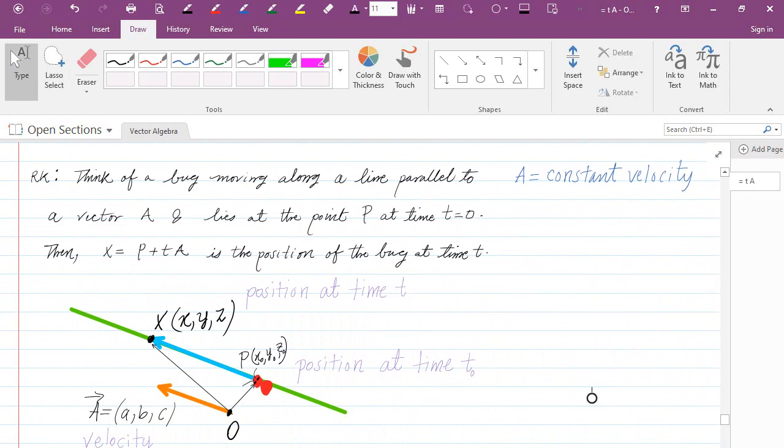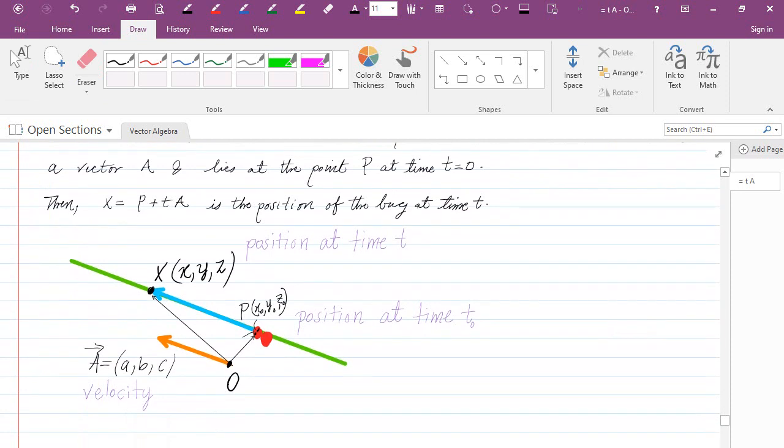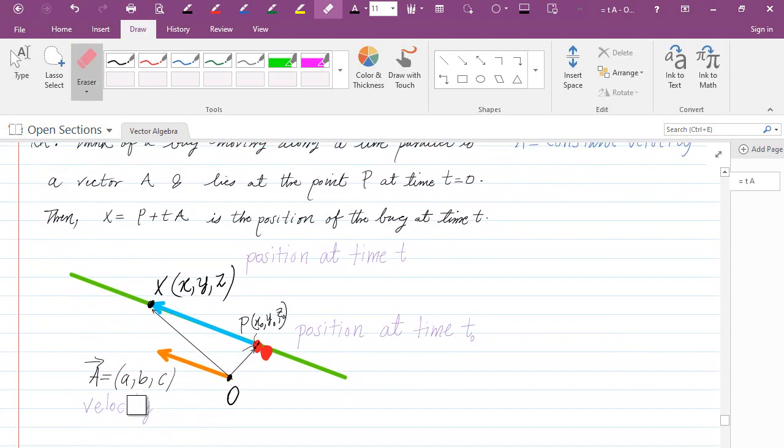Imagine that a bug is moving along the line with constant velocity a, and p is the position of the bug at time 0. And so the question is, what would be the position of the bug after time t?